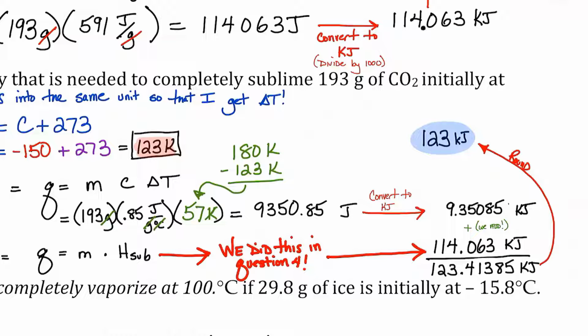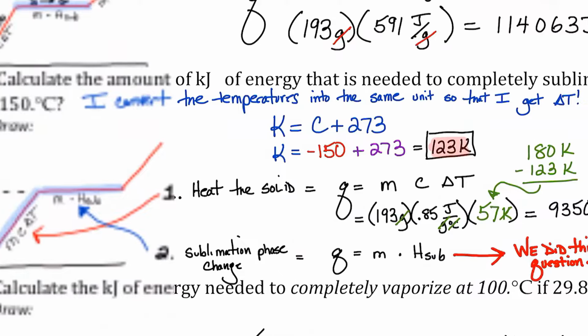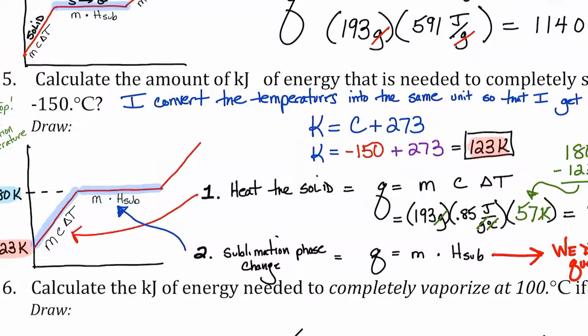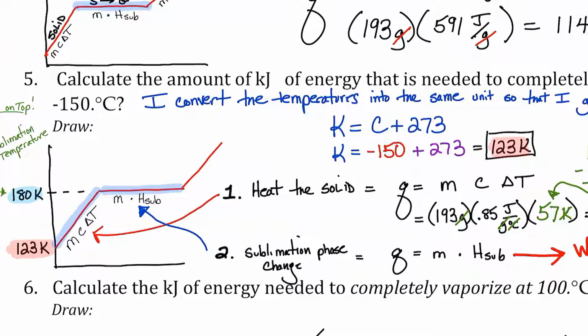Remember, the problem wants you to take the solid below its sublimation point and completely sublime it. So, party people, we're going to have to sublime it at this phase change here. But guess what? The problem in number 4 used the same value of 193 grams, and it times it by the heat of sublimation.